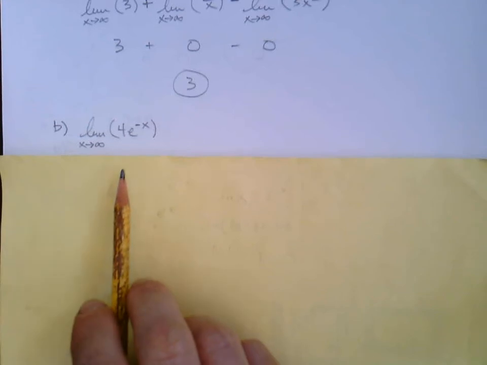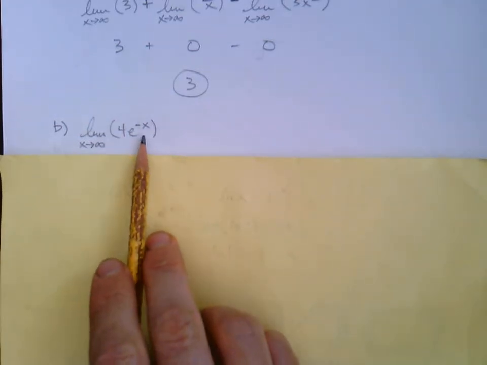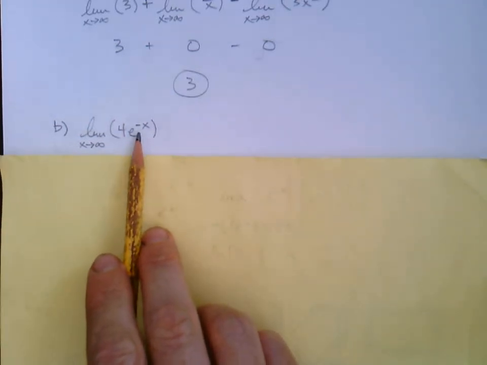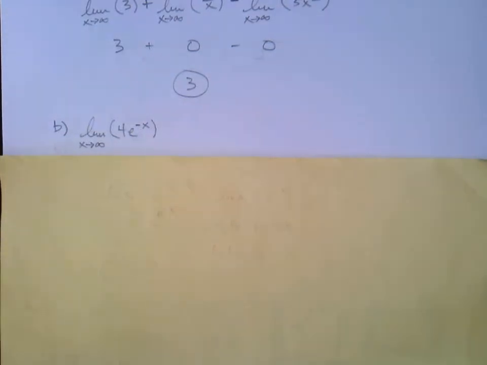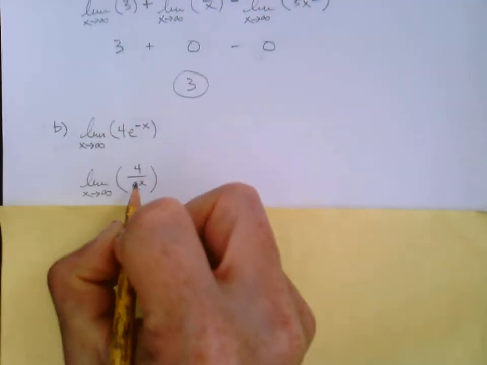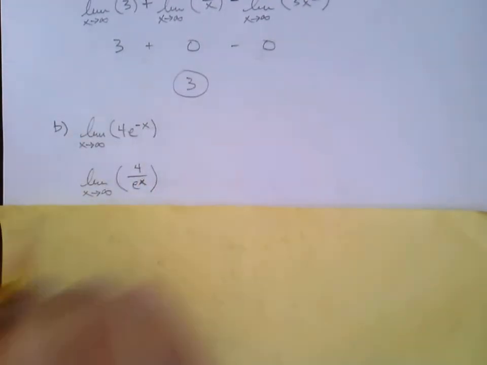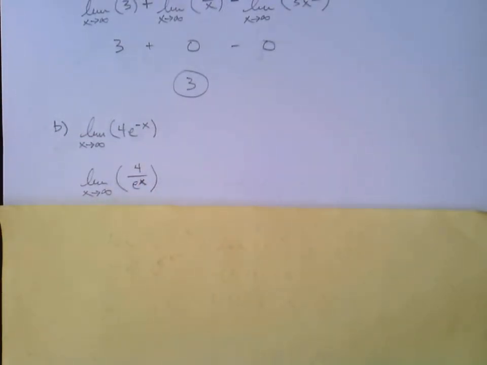I'm going to begin by rewriting this. Isn't e to the negative x, can't I put that e to the x in the denominator and it will become a positive exponent? Like this? It will be easier to think about this way.